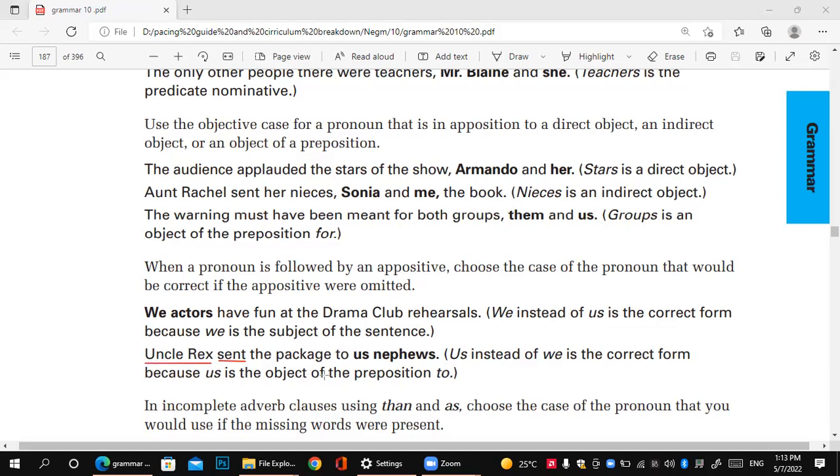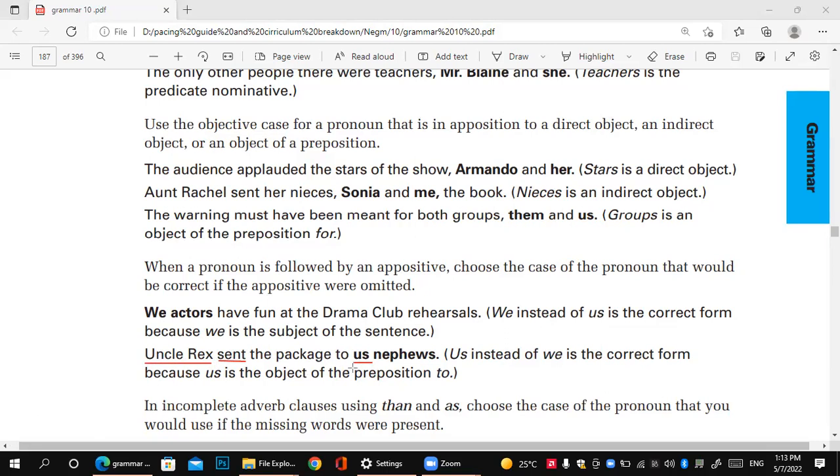So it's "to us," not "we." We cannot use "we" again, because we already have the subject. So here it is: the package to us nephews.